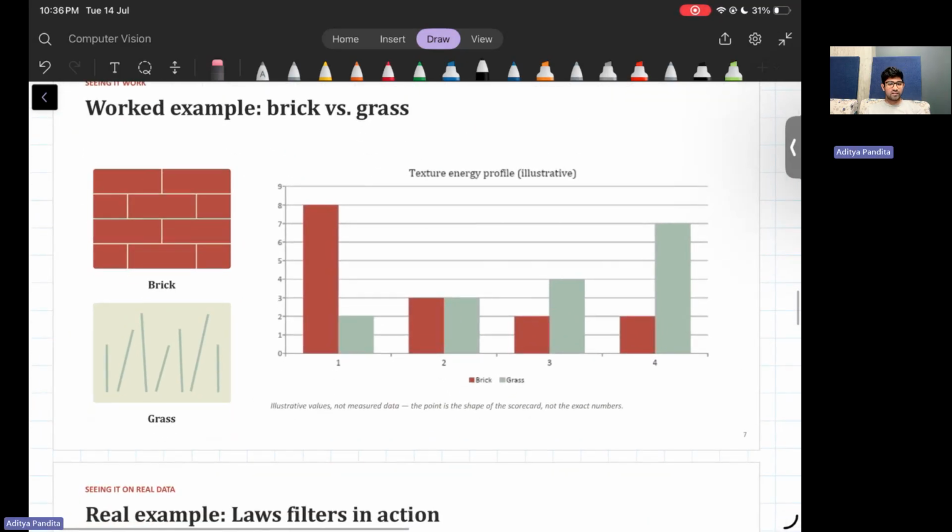Next is a slide where we can see an example of brick versus grass. In the bricks, you can see strong, regular, straight edge lines between brick and mortar, where we can expect a higher score on an edge filter. Grass has thin blades in many directions, fine detail, and is expected to score high on wave and ripple filters.